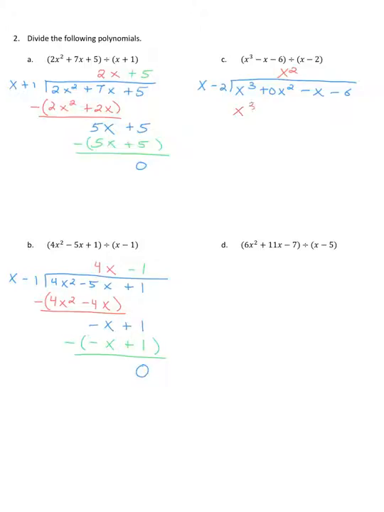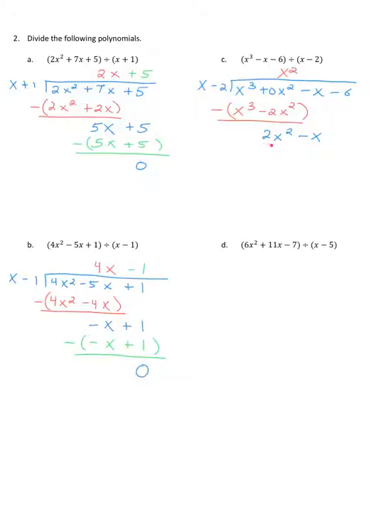So that is x cubed minus 2x squared. And I am subtracting this. So again, we have the x cubed minus x cubed is 0. Now here, 0x squared plus 2x squared is going to be positive 2x squared, and I bring down the x.